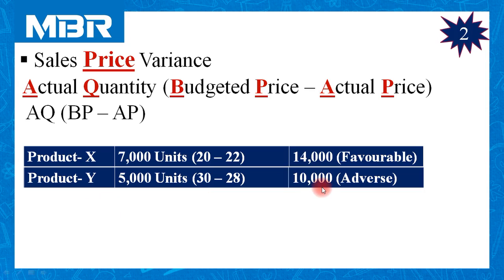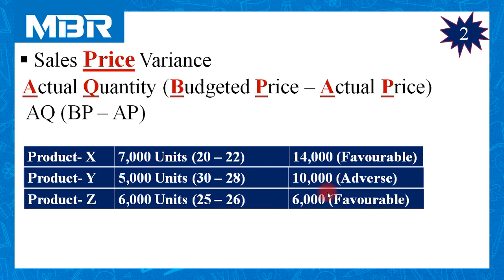So for 5,000 units, it is 10,000. As the sale price is decreased, revenue is also decreased, and when revenue is decreased, it negatively affects our profit. So the result is 10,000 adverse.